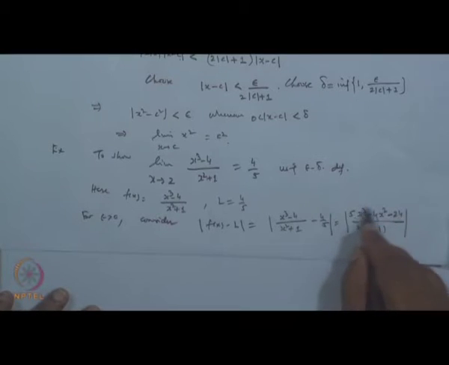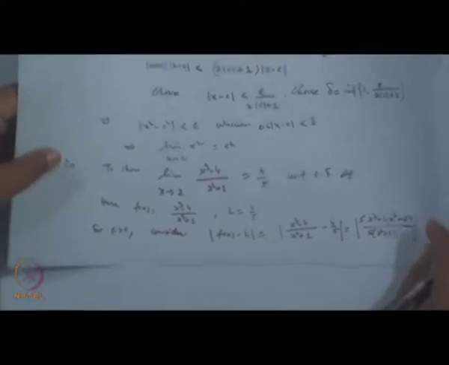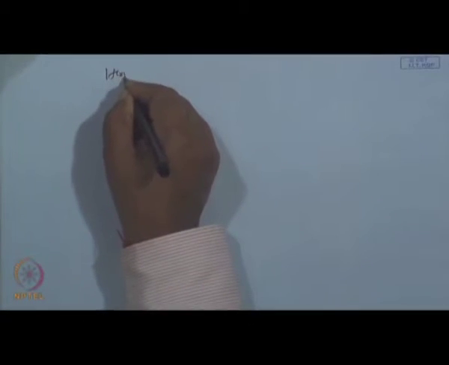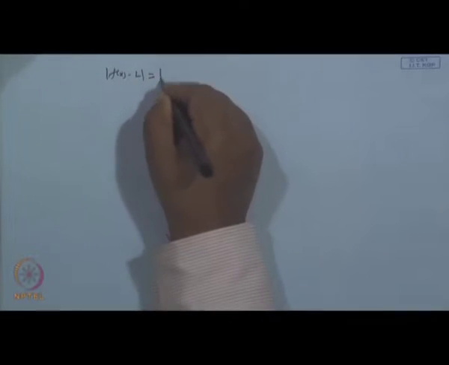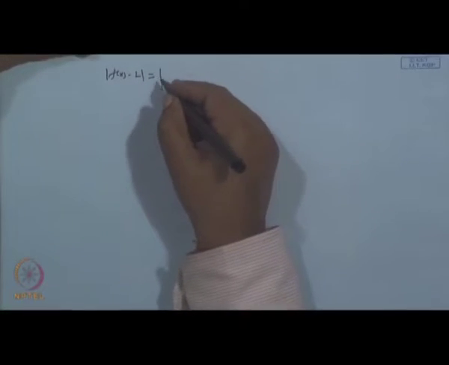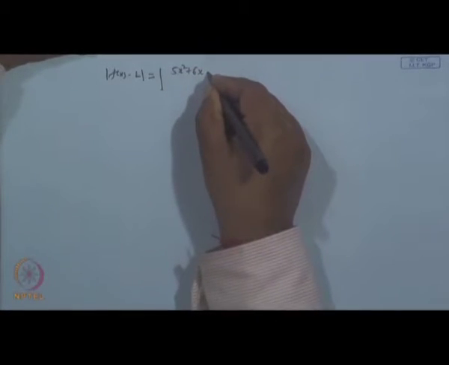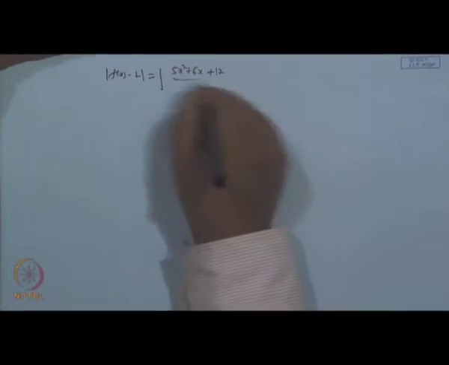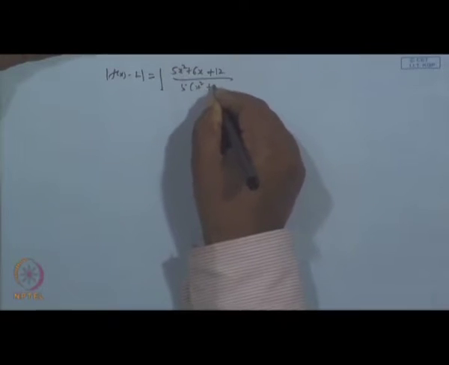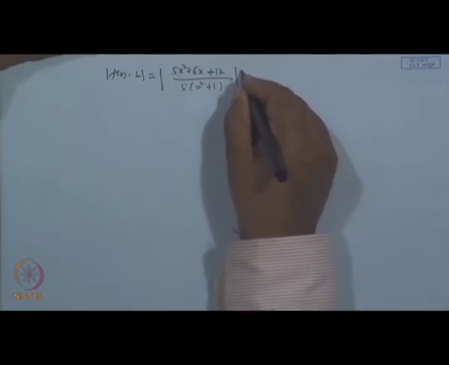So, we can separate out the x minus 2 factor from the numerator. So, mod of f x minus L is nothing but mod of (5 x square plus 6 x plus 12) divided by (5 x square plus 1) into mod of x minus 2. Up to here, there is no problem.